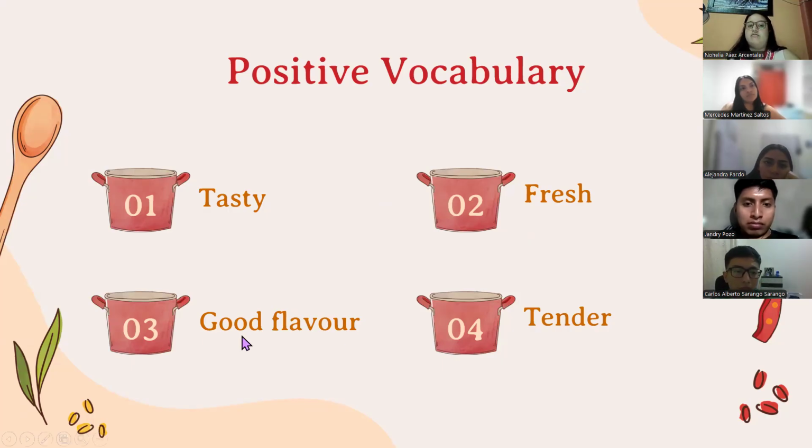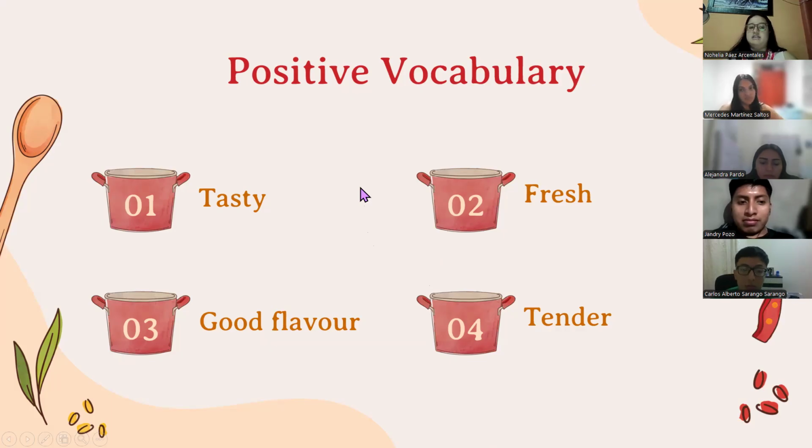Number three, we have good flavor. It's not bland. It has the perfect amount of salt, pepper, condiments. And finally, tender. I think at any point in our lives, all of us had to deal with meat that is absolutely not tender, but tender is the right term when talking about any kind of meat.